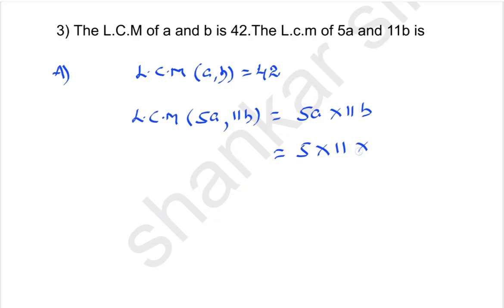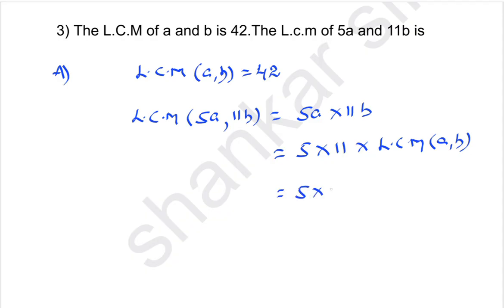Remaining, we are having the LCM of a, b. 5, 11 are co-primes. So remaining will be a into b. So here we have to find the least common multiple of ab.